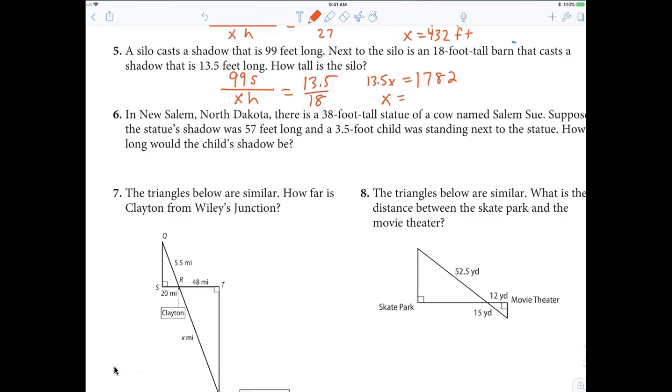Yeah, and I'm waiting. Is everybody happy with it being 132 feet?